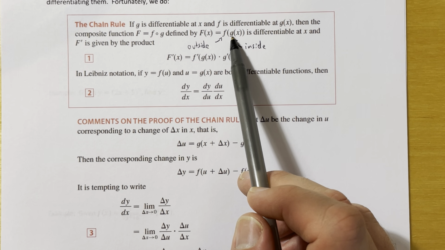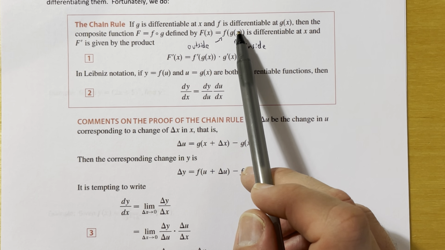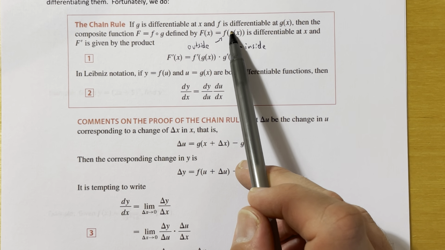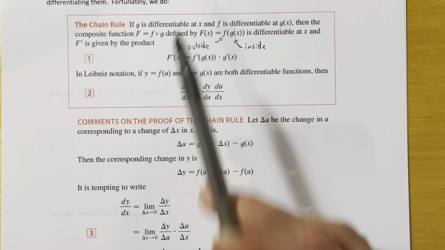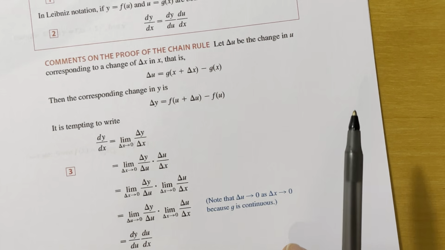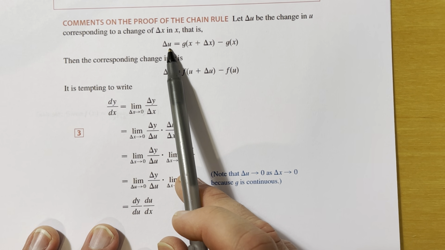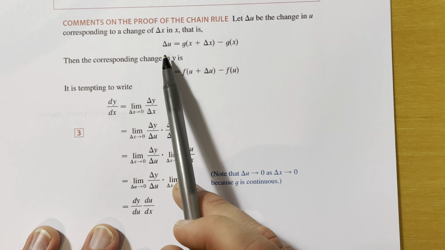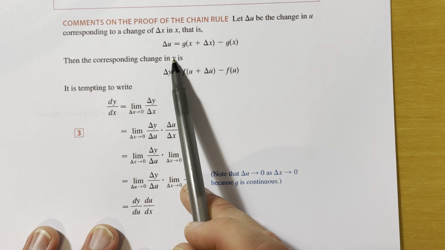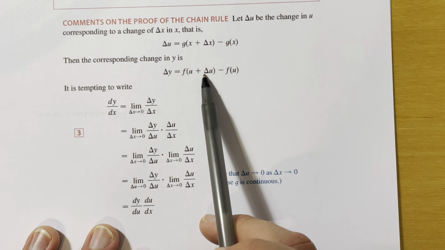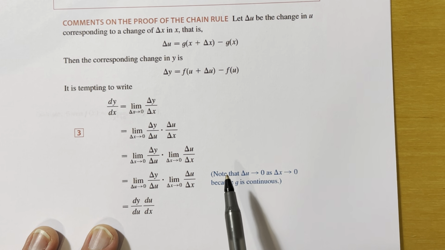The output that I get from g becomes the input for f. So it passes that output along into the function f, and then that produces another output from that. So because we have a change in u occurring here, that will create a change in y, because y depends on u, and that would look like this: f of u plus delta u minus f of u.